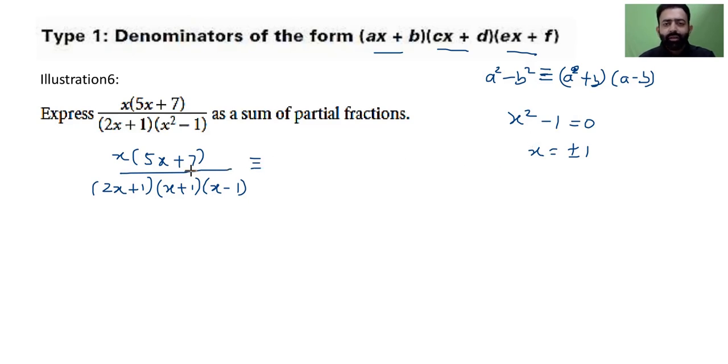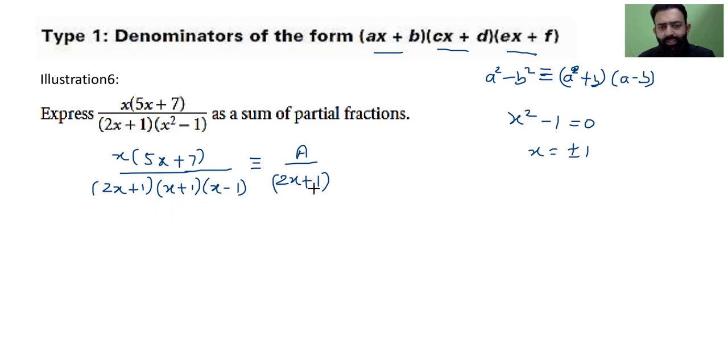I am just rearranging the terms here and writing it as a sum of partial fractions. So we will use three signs, and I am writing this as some constant a divided by 2x plus 1, because I have to separate these three denominators. These three linear factors are in multiplication in the denominator, so these three have to be separated.